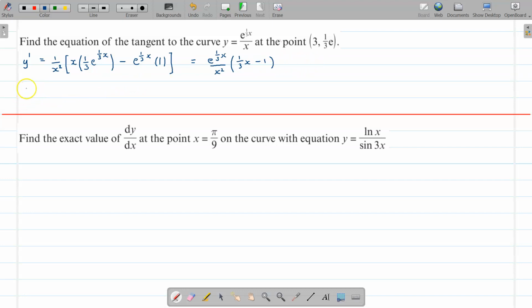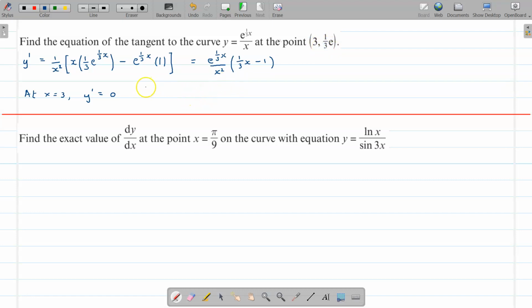So at x equals 3, y dash equals 0, because it's a third of 3, which is 1, minus 1 is 0. So it's an unusual question because the gradient at that point is actually 0. It's momentarily horizontal at that point.